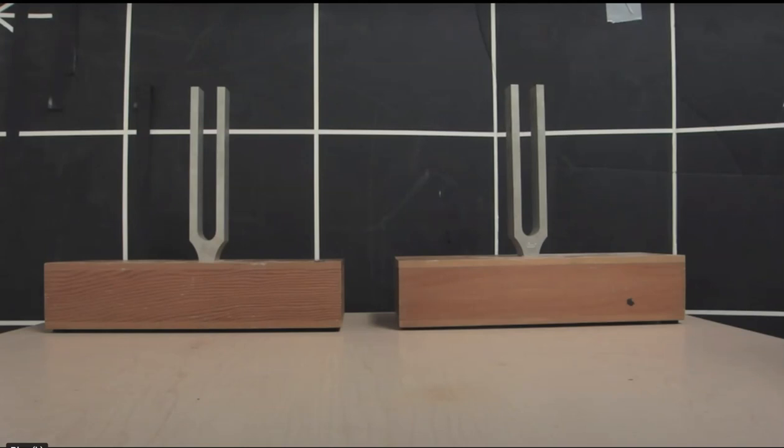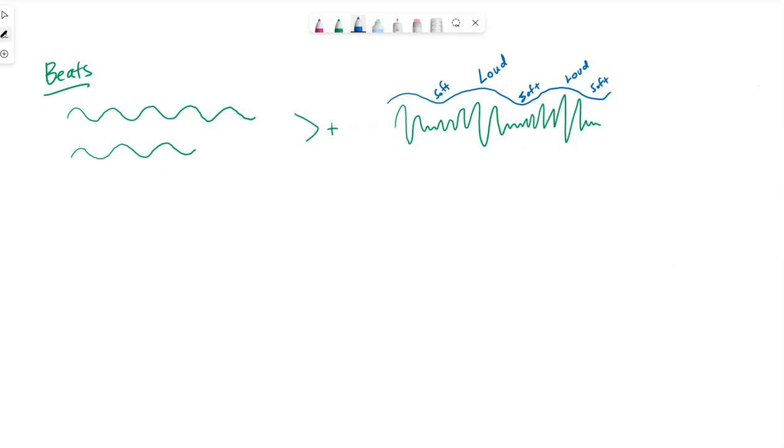That is the beats. What that ultimately is, is a variation of that loud, soft, loud, soft, loud, soft. We call that a beat frequency. So beat frequency is that variation.